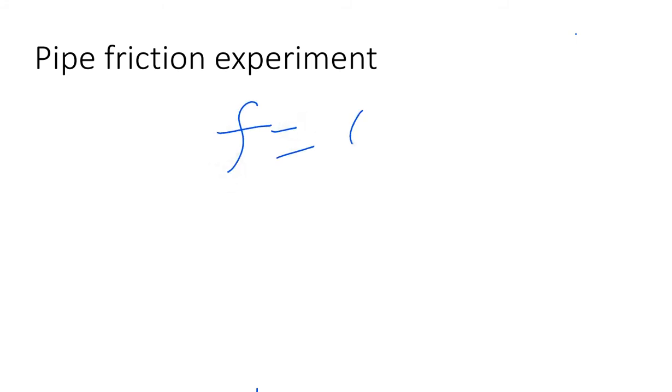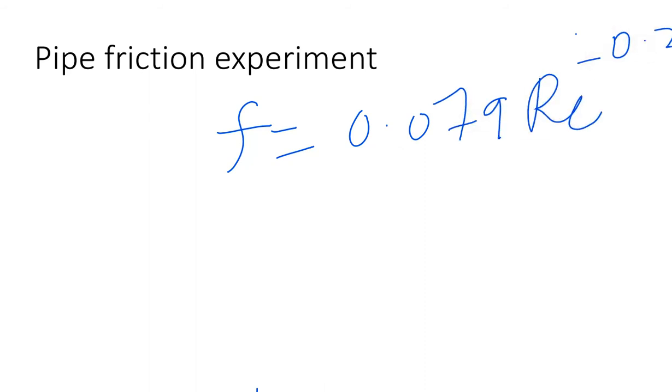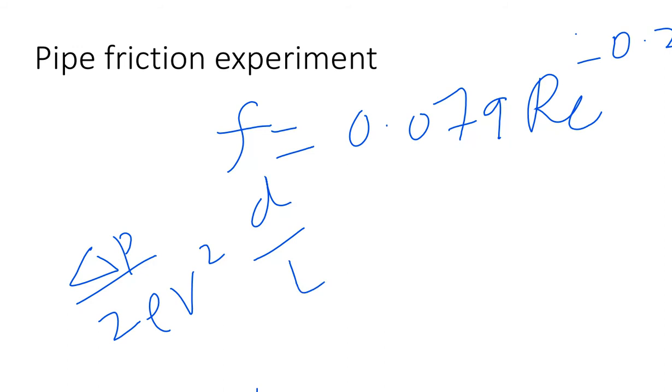f is 0.79 Re to the power minus 0.25. Okay, and then we have the same: delta P over 2 rho V squared, D over L equals this.